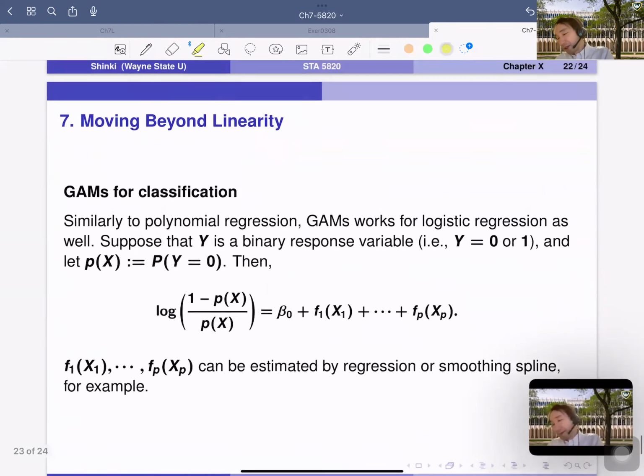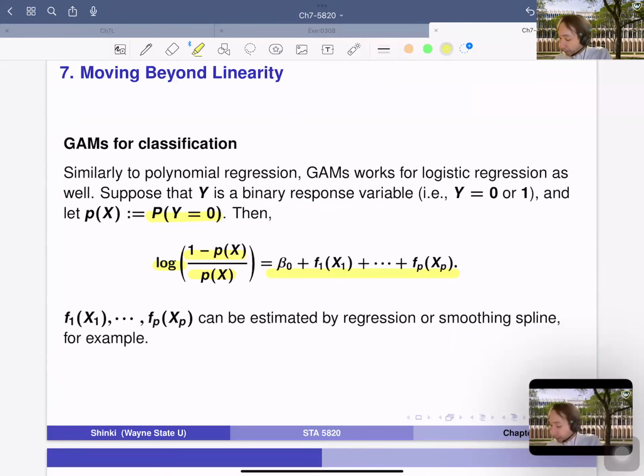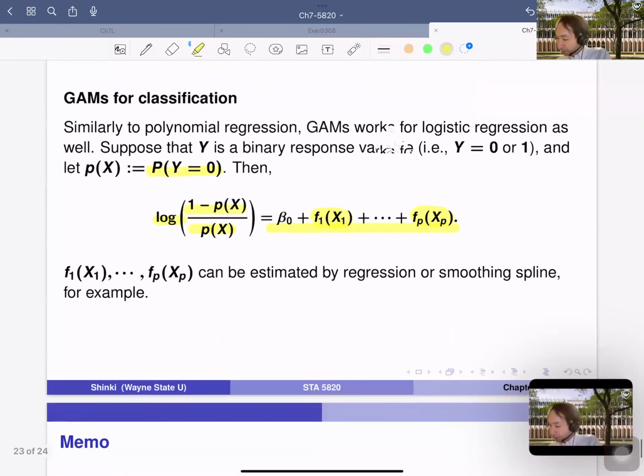If it's not linear, you can think about the inverse logit function of the probability of y equal to 0 as a function of this. As long as you use this, you can do the generalized additive model for binary response variables.